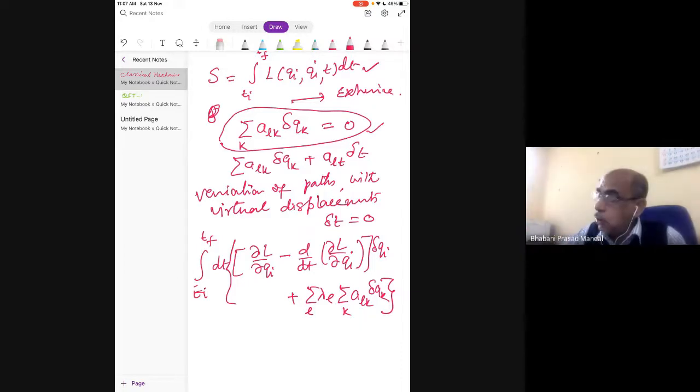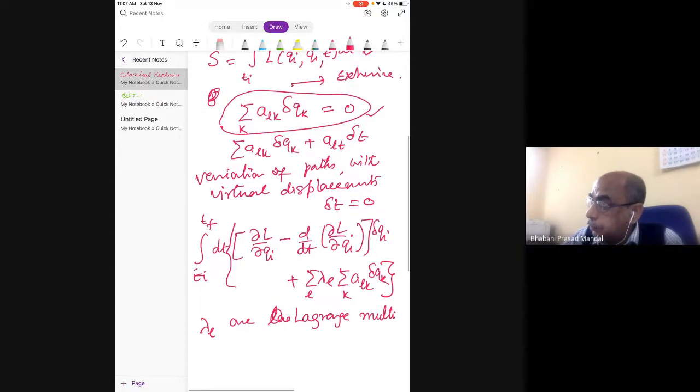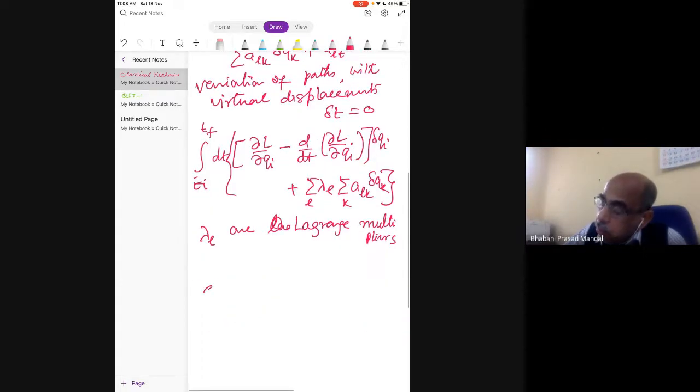Okay. So now what are the lambda_l's? Lambda_l's are Lagrange multipliers. You remember the Lagrange multipliers when we consider delta f plus lambda delta g_1 equal to 0.